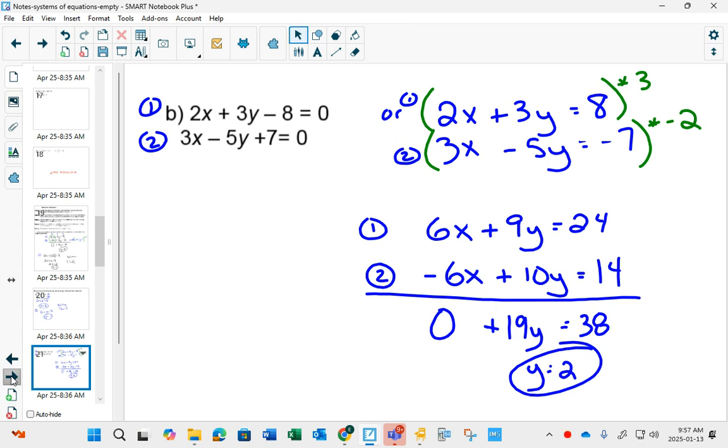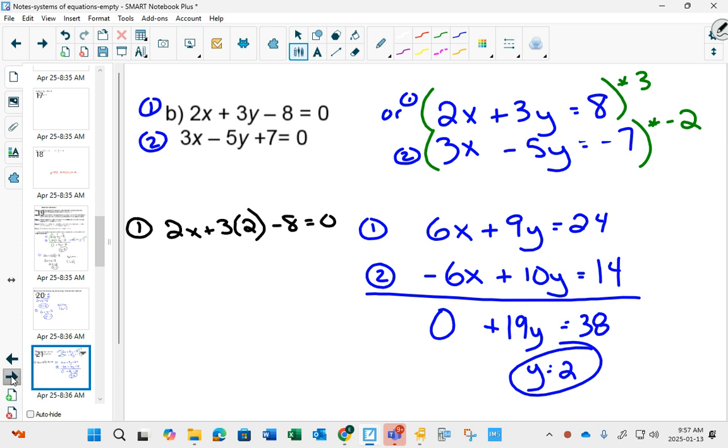So I need to plug y equals 2 into an equation. If I pick equation 1, and I pick the very first one, then I would have 2x plus 3, and I've already figured out y is 2, minus 8 equals 0. So that gives me 2x plus 6 minus 8 equals 0. These are like terms.